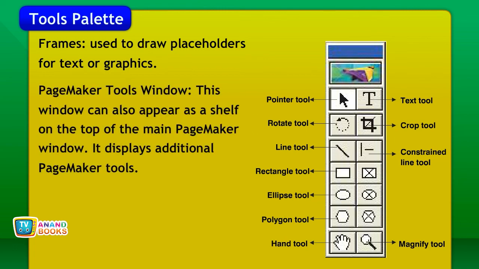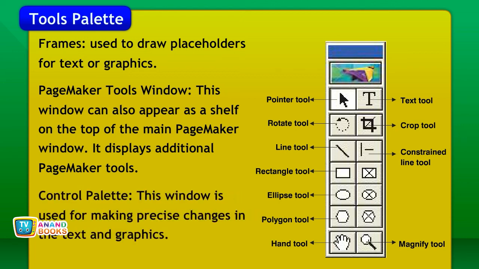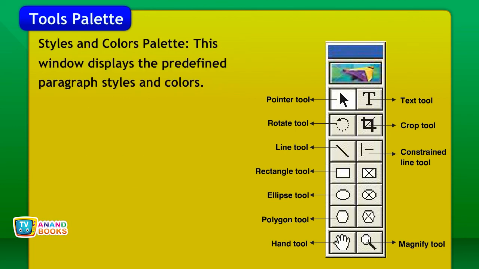PageMaker Tools window. This window can also appear as a shelf on the top of the main PageMaker window. It displays additional PageMaker tools. Control palette. This window is used for making precise changes in the text and graphics. Style and Colors palette.